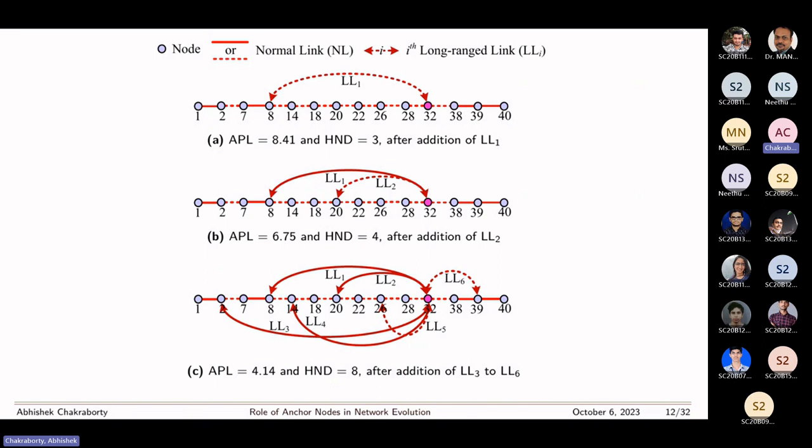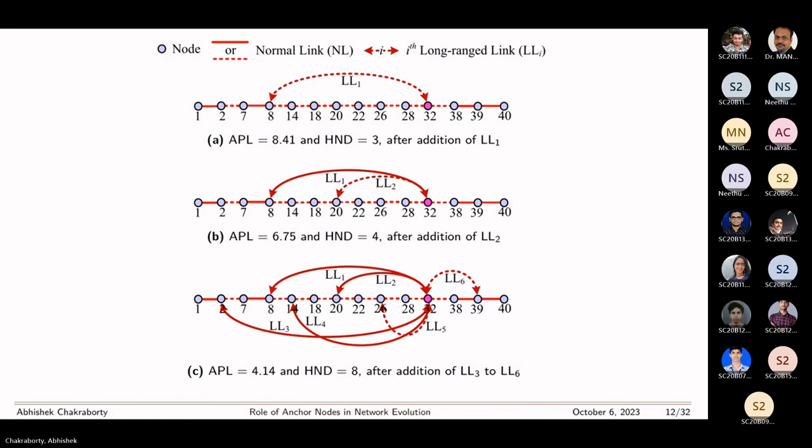As I told previously, if I force node 8 to add the second link, maybe from the third link onwards, node 8 will pick up all the links. So both are anchors, but when you connect to 32, you get a lesser APL value than if you use node 8 as the anchor node. That's why 32 has been picked up as the anchor node, but both are anchor nodes.